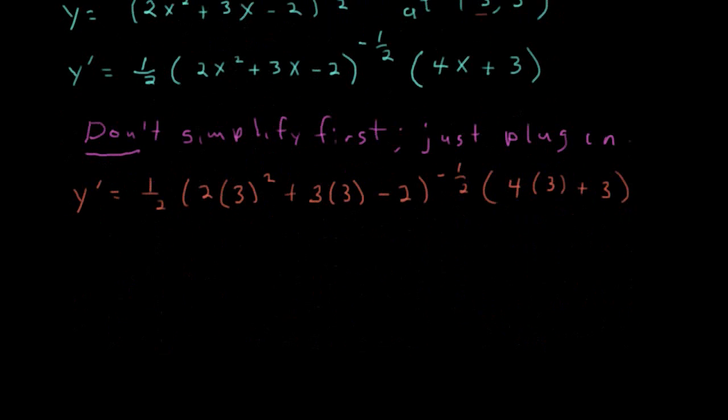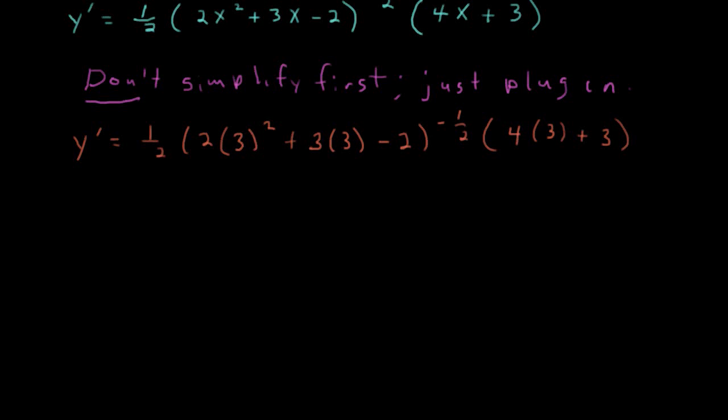Now it's time to do some simplification with just these numbers. So let's see, we'll have 1/2, and 3 squared is 9, times 2 is 18, plus 3 times 3 is 9, minus 2, that's raised to the negative 1/2 power.